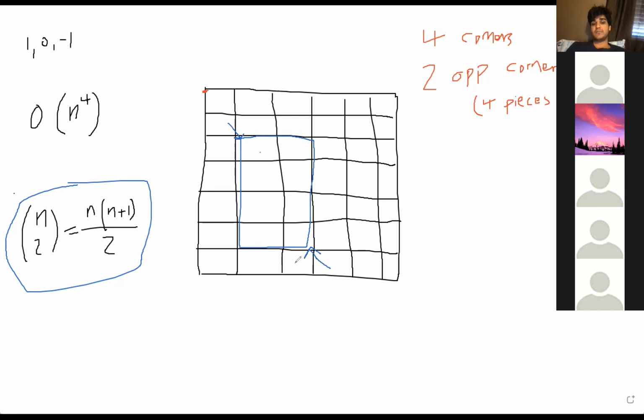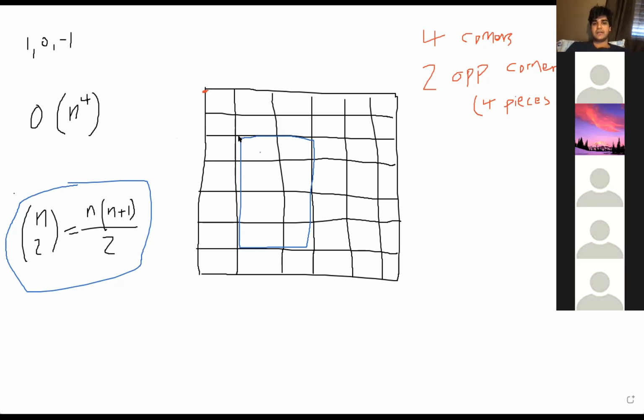So there's n squared locations for the bottom right, and n squared locations for the top left. So that's a total of n to the 4. But as you can probably imagine, we're overcounting a bit if we say it's exactly n to the 4. The reason is that when we do n choose 2, this is essentially choosing each coordinate.